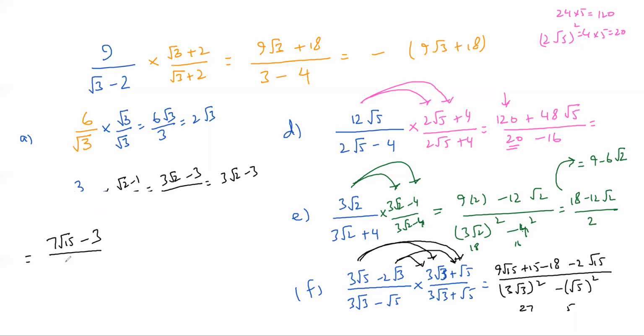So we have 22 down here and there's no further simplification. So this is what we call the rationalization of the denominators. Okay, so that's it from today.